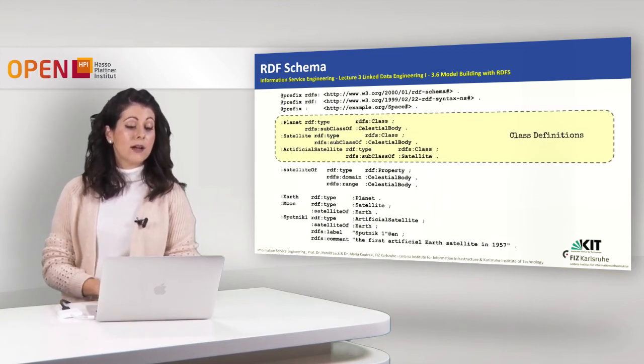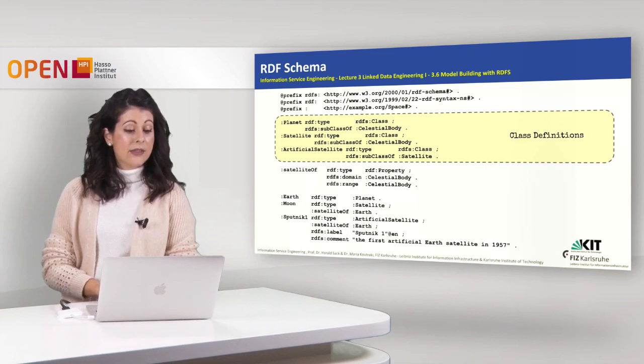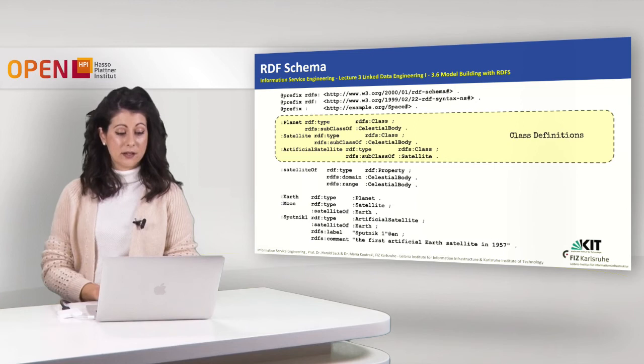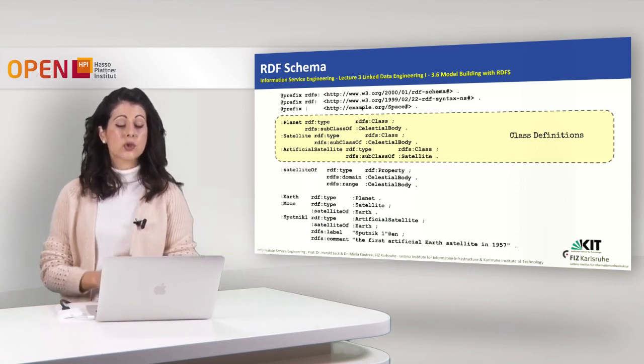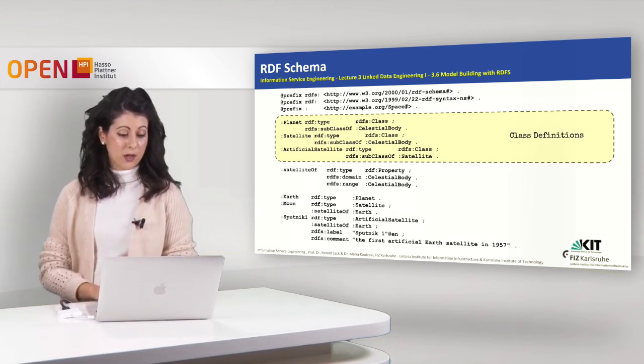We see that we have planet, which is a class, and then we define that it is a subclass of celestial body. And then we have satellite, which is again a class and a subclass of celestial body. And then in the end, we define artificial satellite as being a class and a subclass of satellite this time. So here we have our class definitions and the hierarchical relationships among them.